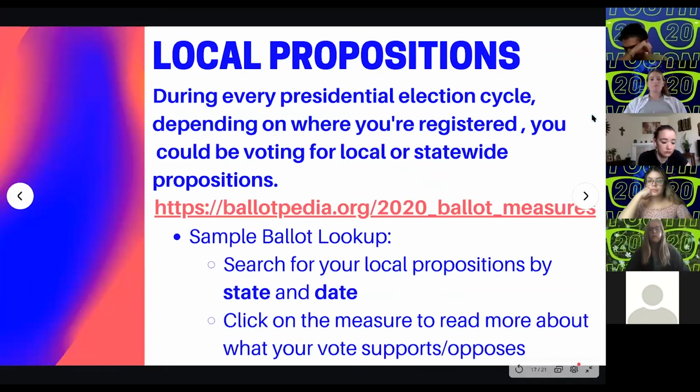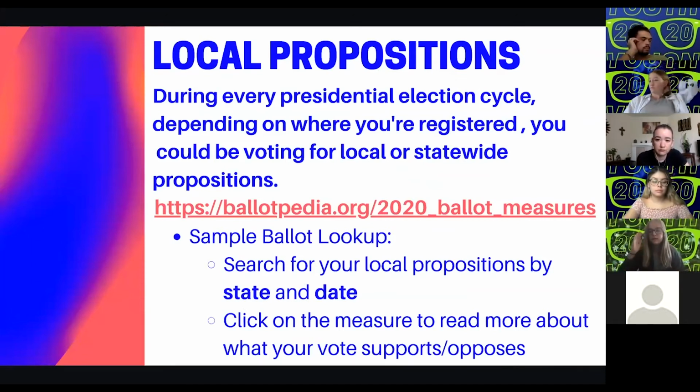And so it's really important that when you are doing the sample ballot lookup that Shay showed us, there's going to be several lists of propositions based on the state or the date, and it's going to have every date of election that certain states have had in the year 2020. So you have to make sure you're clicking on November 3rd and that you're still on your state.